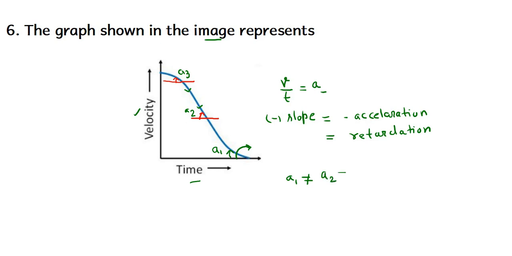So we can observe at each point magnitude of acceleration is not equal. As it is not equal, we can see this graph shows non-uniform retardation. By curve line also we can see that object has non-uniform motion. Velocity time graph gives the idea of acceleration or retardation, and distance time graph gives the idea of velocity. There is the basic difference.